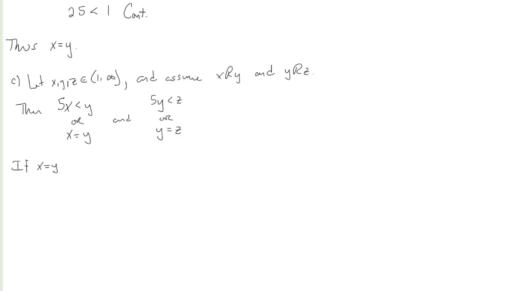If x equals y, then x is related to y, and so x is related to z, and we're done. Right? Because y equals z. Okay? If y equals z, then what do we have?